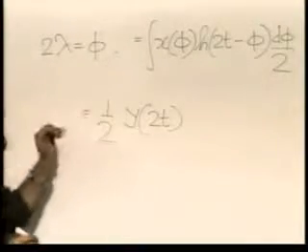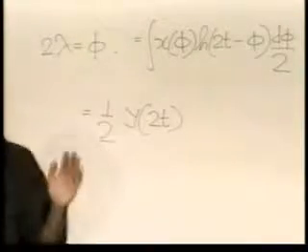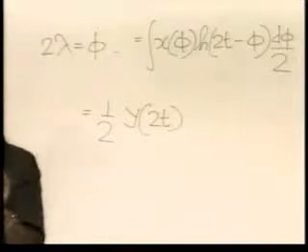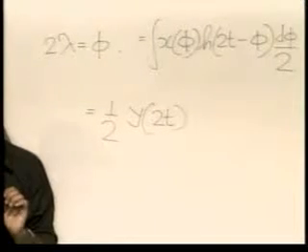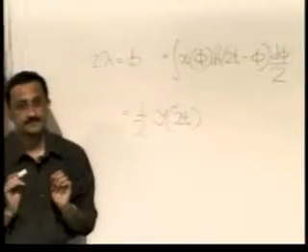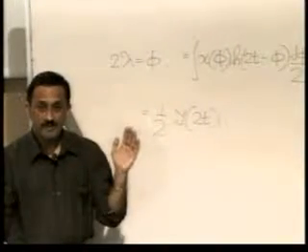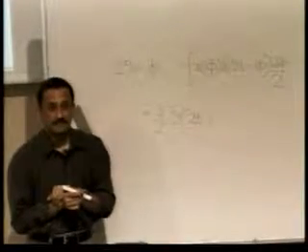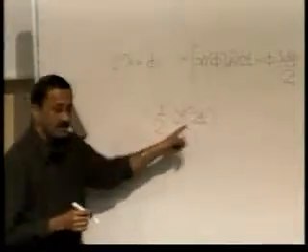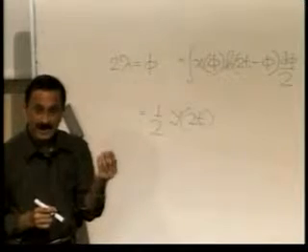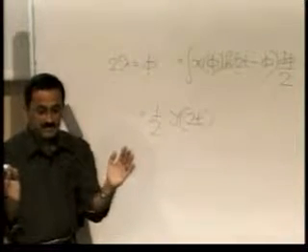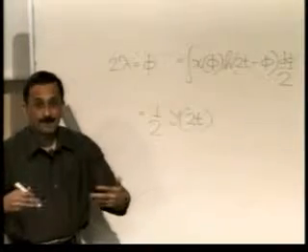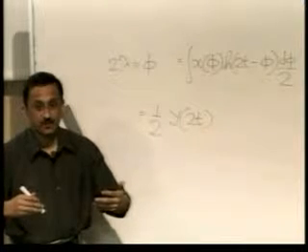What it says is that if I squeeze the input by a factor of 2 in time, and if I also squeeze the impulse response by a factor of 2 in time, the output is also squeezed by a factor of 2 in time. That means it's as if you are speeding up everything by a factor of 2.